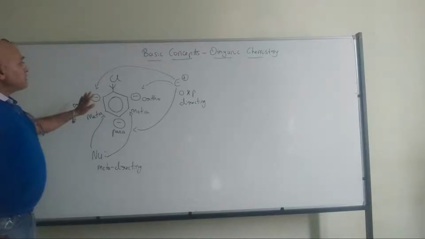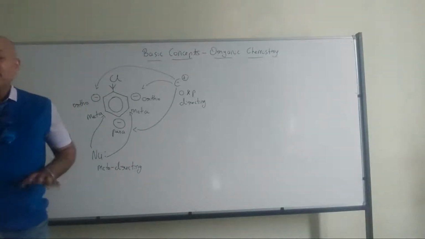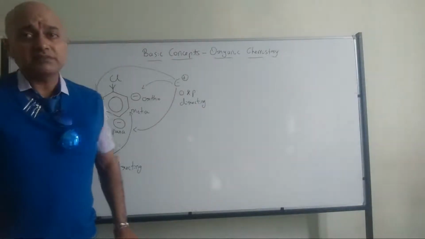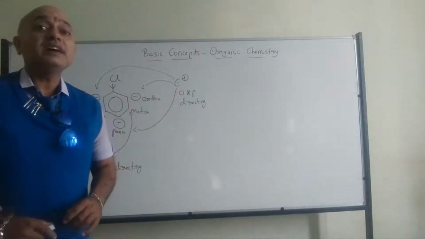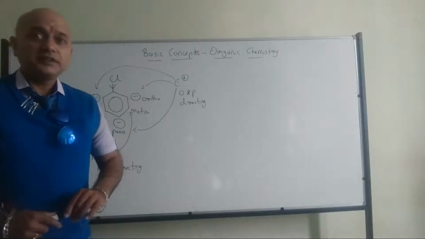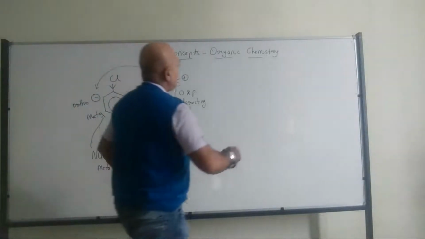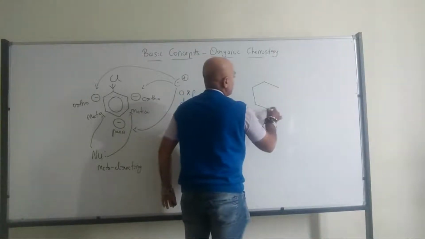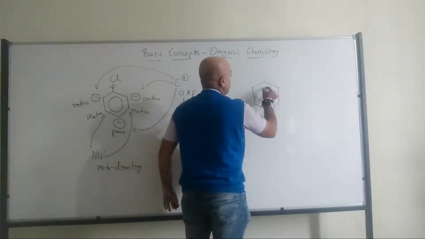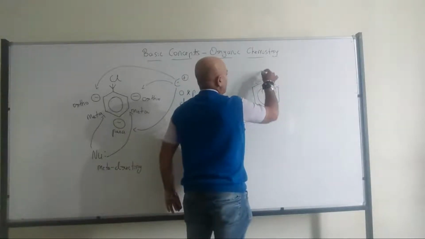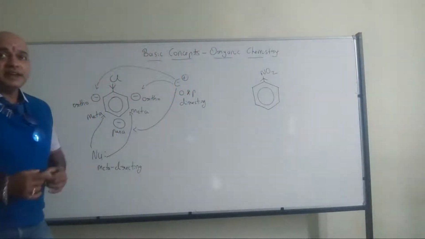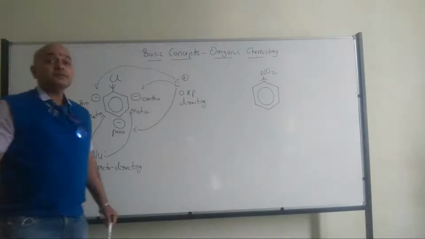So this is with respect to those compounds where there is a presence of positive resonance. Then we have another condition, as we know, that is with respect to negative resonance. I will take the help of nitrobenzene, where electron is moving towards the substituent.